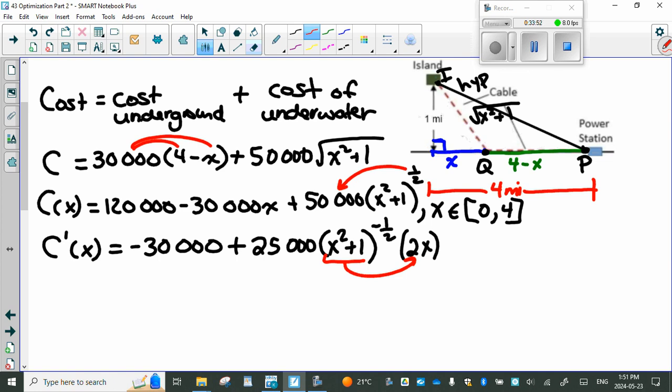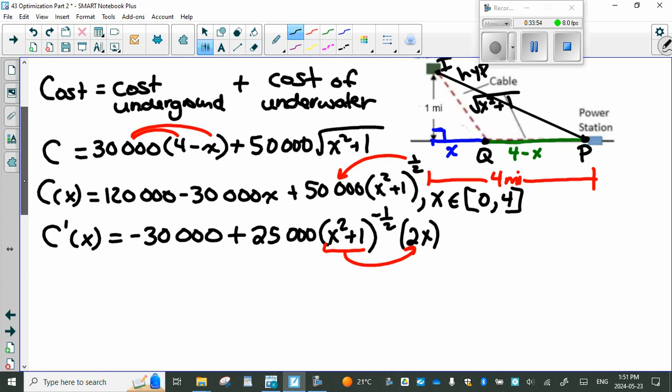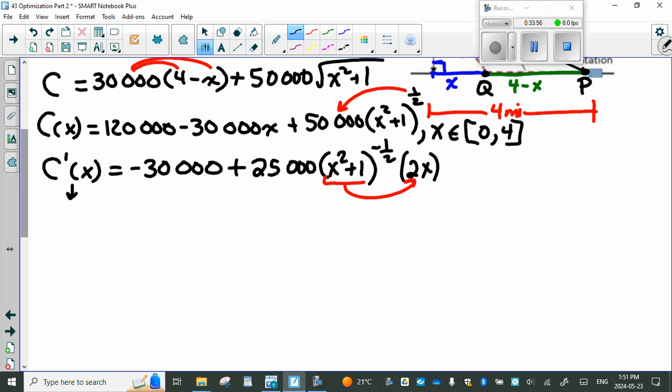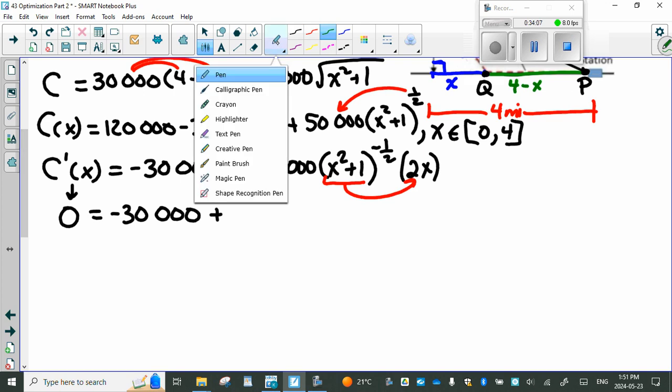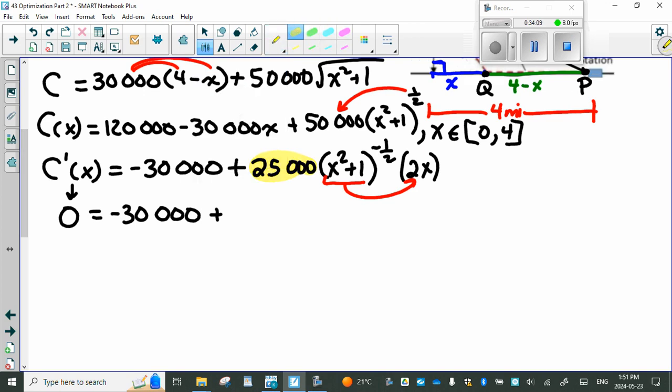Now I want to set c prime at x equal to 0. Plus, does everyone see that I can multiply the 25,000 and the 2x together?